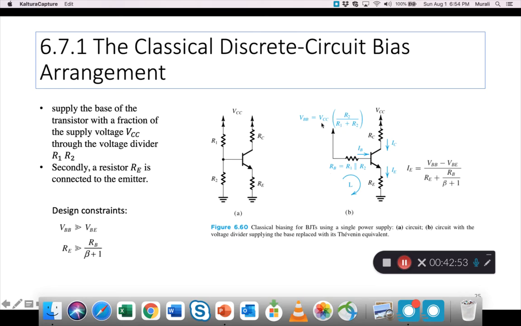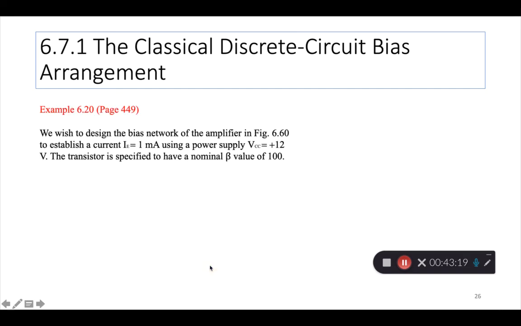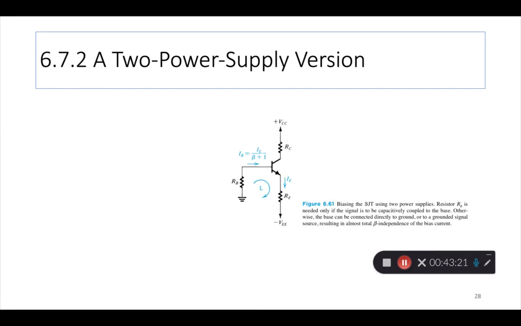You just take the VCC and do a voltage division. Similarly, you have the I base, I collector, and I emitter. You have formulas for all of them. We'll do some problems on this, and the R base is R1 in parallel with R2. So these we'll use a lot, this particular configuration.